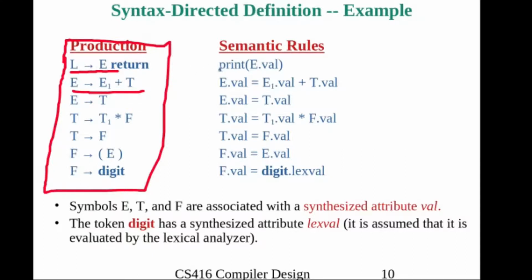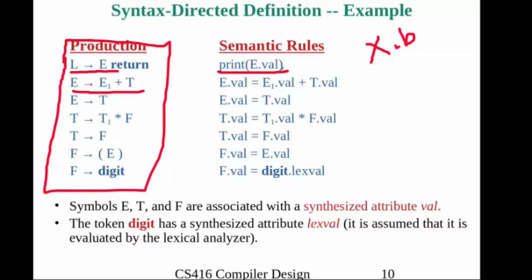First one is print E dot val. So we will write the attribute of a symbol X as X dot B, where B is an attribute and X is a node, a grammar symbol. So E is a node, then E dot val, where val is the attribute.